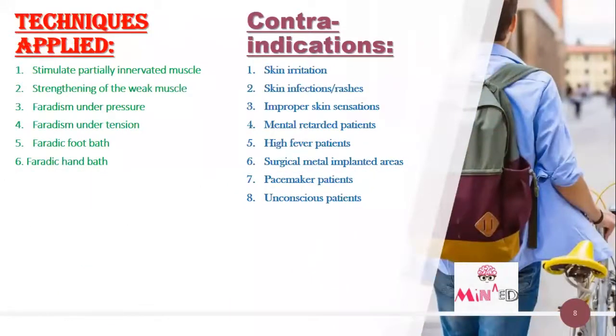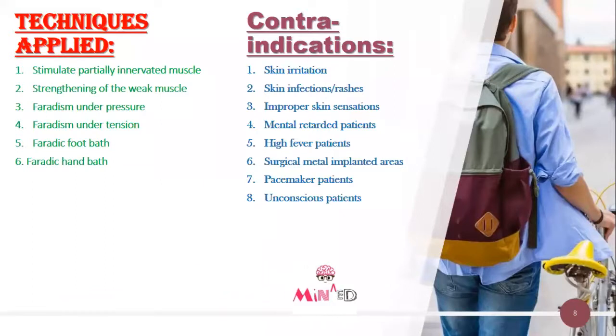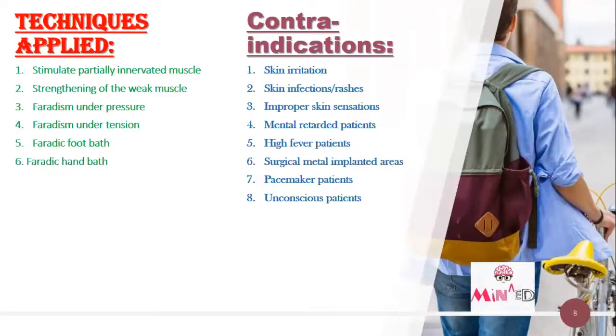What type of techniques do we use to stimulate with Faraday type currents? We stimulate partially innervated muscle. Hopefully you all know the difference between innervation, denervation, and partial innervation or partial denervation. Denervated muscle means there is no nerve supply to that particular muscle after an injury, a surgery, or an accident.